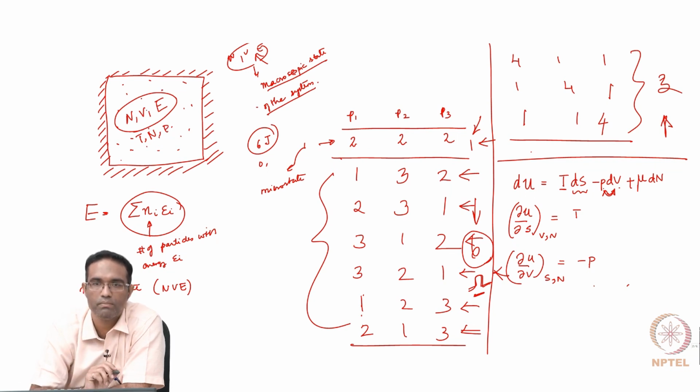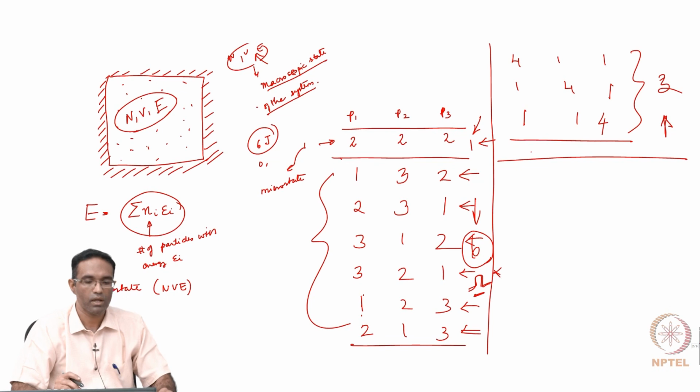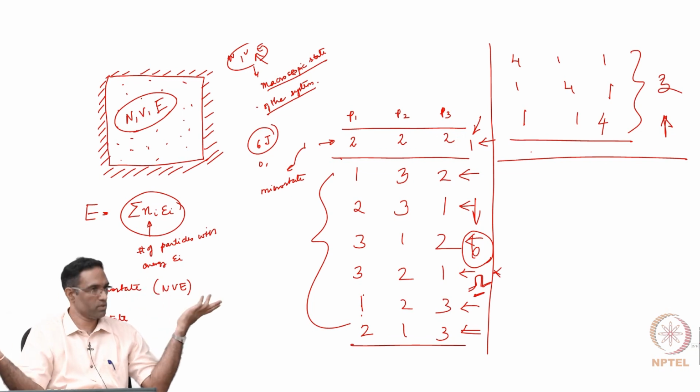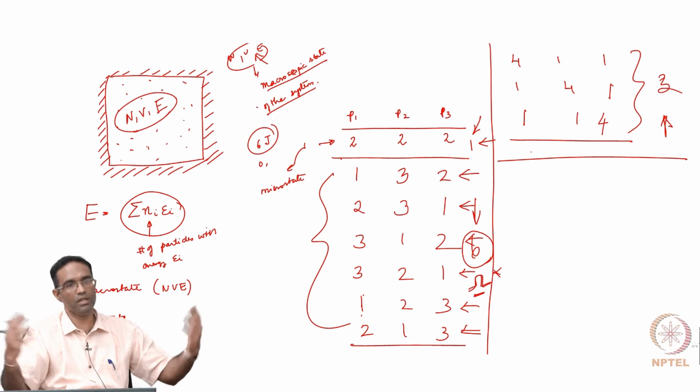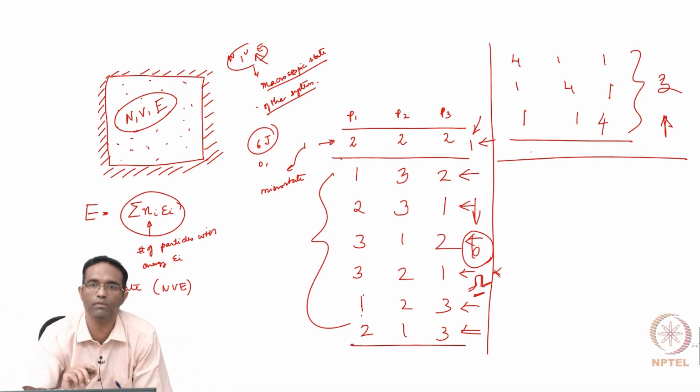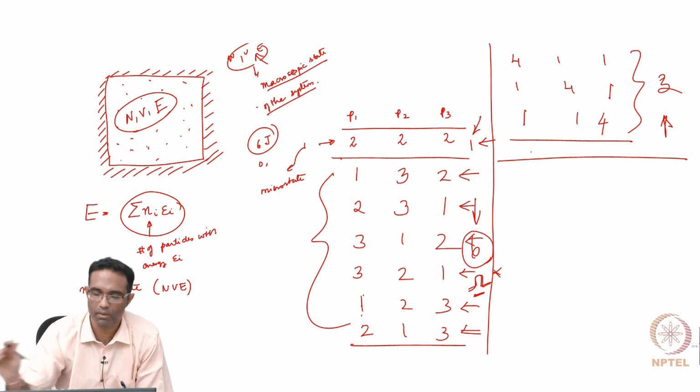They are all related. Although macroscopically you have specified a certain set of parameters N, V and E, it is possible to achieve this in many ways, and each such way is called a microstate, corresponding to a given macrostate of the system. Okay.